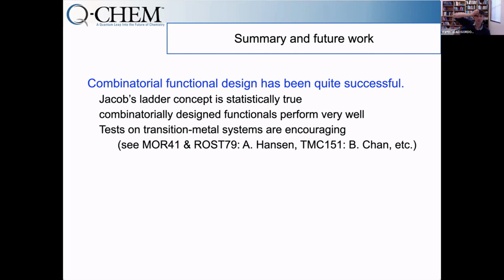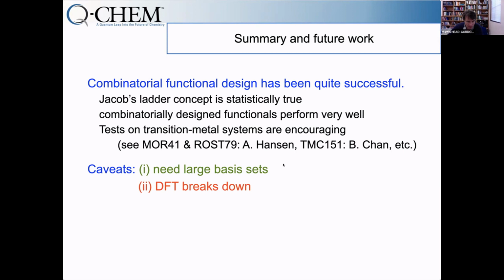I mentioned the MOR 41 and the ROS 79 data and TMC 151 from various different groups. So that's all good, and one can go ahead and do density functional theory with reasonable confidence, subject to the caveats. And the first one is that you really need large basis sets to get the advertised accuracy, or the accuracy that's been demonstrated.